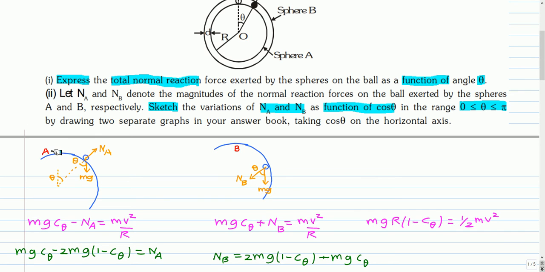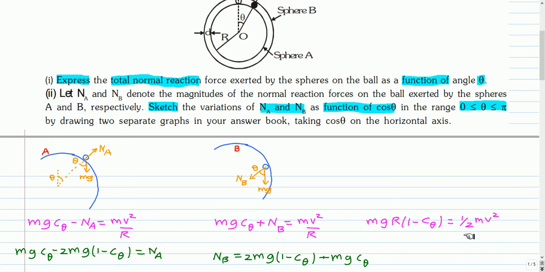So when the sphere is at the topmost point and when it is making angle theta, we can compare the energies. When it is moving from the topmost point to some point making angle theta, there is a decrease in height, so there is a fall in gravitational potential energy, and there is an increase in the kinetic energy because the velocity here is 0 and its velocity keeps on increasing.